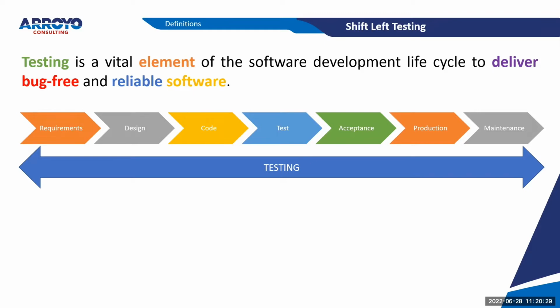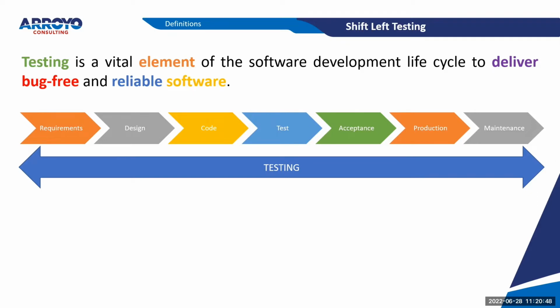Supporting the software development life cycle, we have requirements, design, code, test as another stage, then acceptance, production, and maintenance.